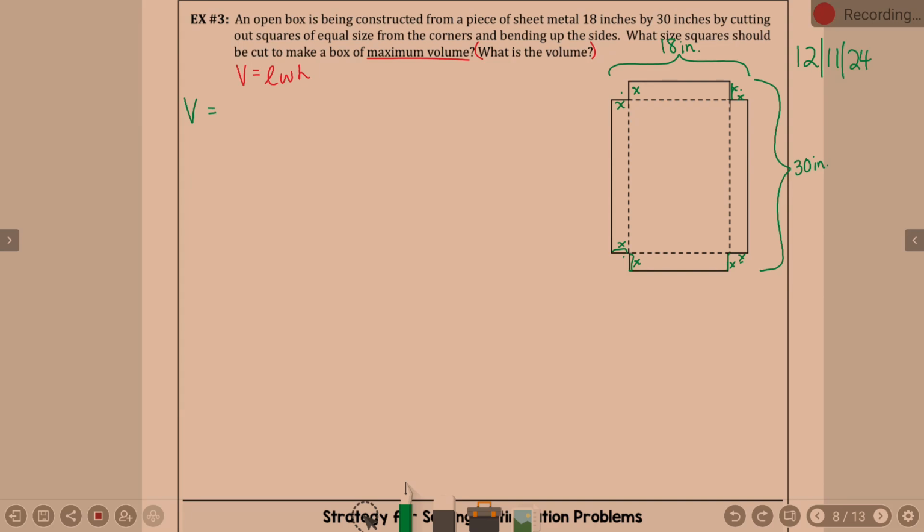And so that means that here, this length is going to be 30 minus 2x, yes? So length, 30 minus 2x. What about width? Because now we're going to take away this x, and that leaves in the middle here 18 minus 2x.